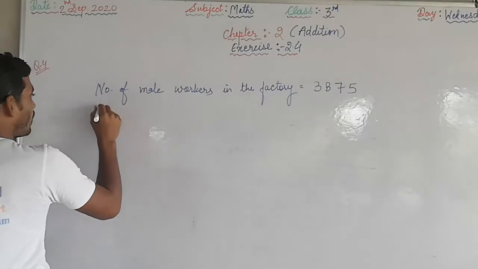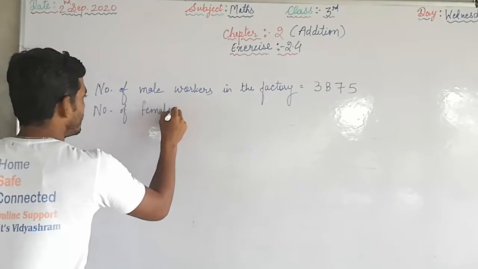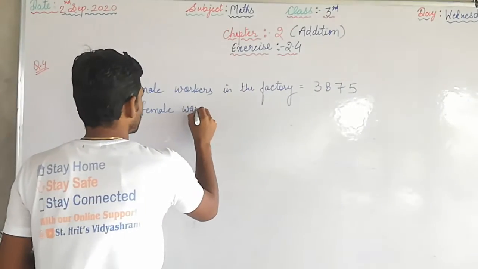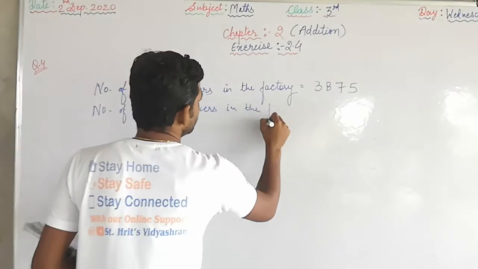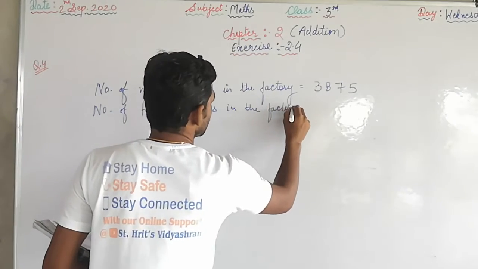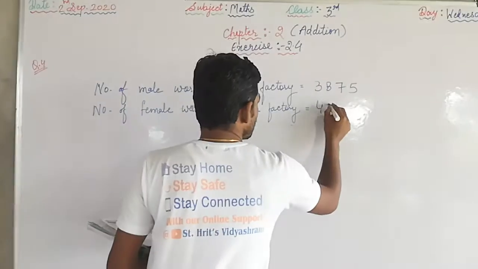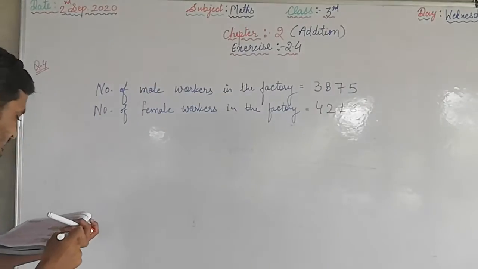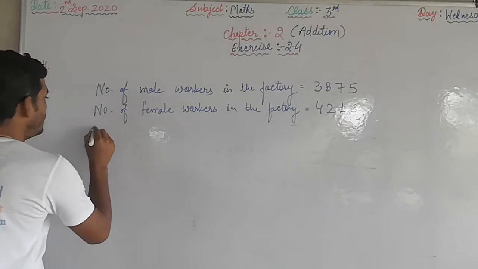Okay. Number of female workers in the factory equals to 4216.